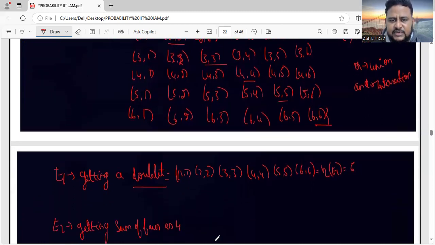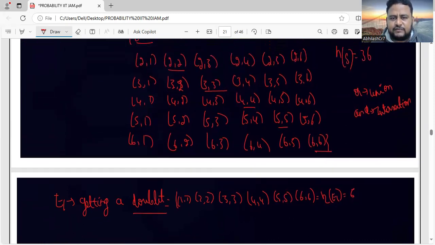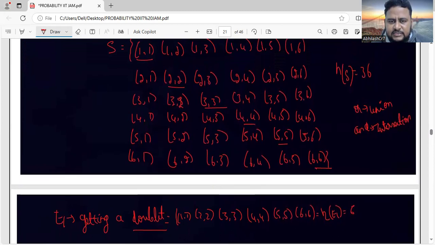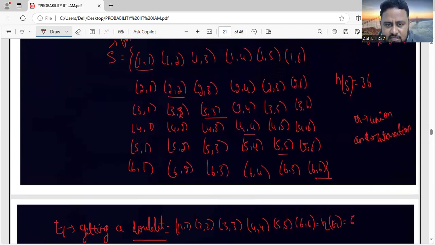Next, getting sum as 4. Getting sum as 4, the only possibilities, if you look at this diagonal, see here, look at this diagonal here, are this one: 1,3, 2,2 and 3,1. Other than these, you can't get sum of faces as 4.